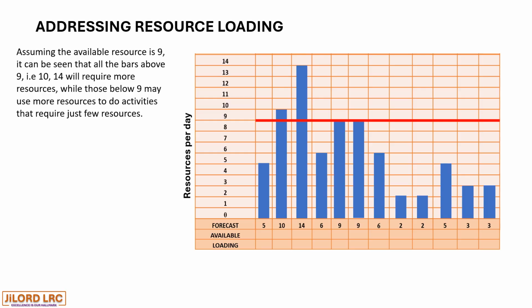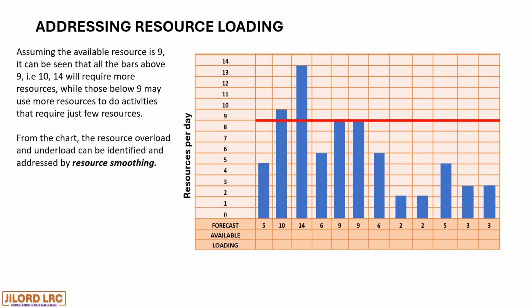And those above the red line will need additional resources from outside the company to complete those activities. From the chart, the resource overload and underload can be identified and addressed by resource smoothing.